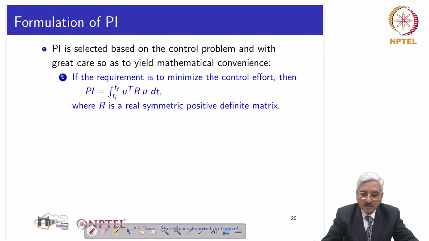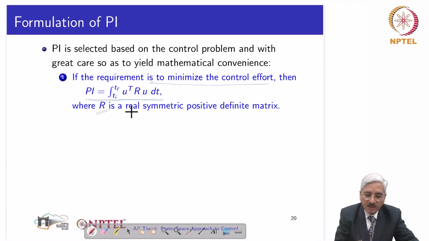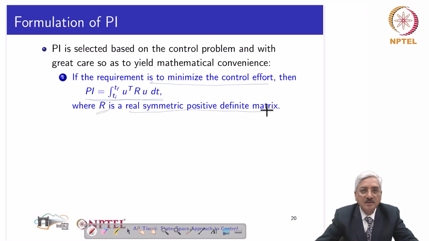So in one case, it can be required to limit the control effort. Then the performance integral may be given by this function, which is quadratic in the input, U transpose RU. R is a real, symmetric, positive definite matrix.